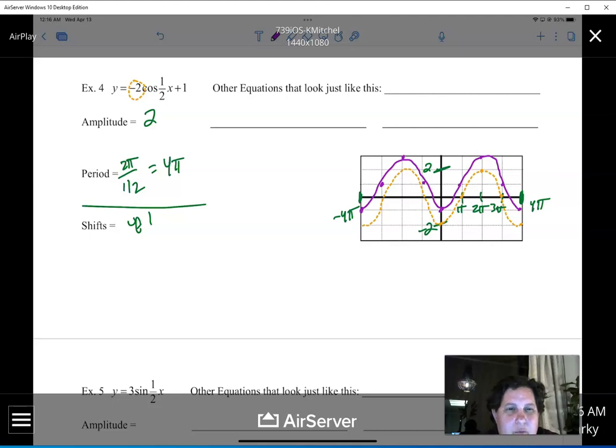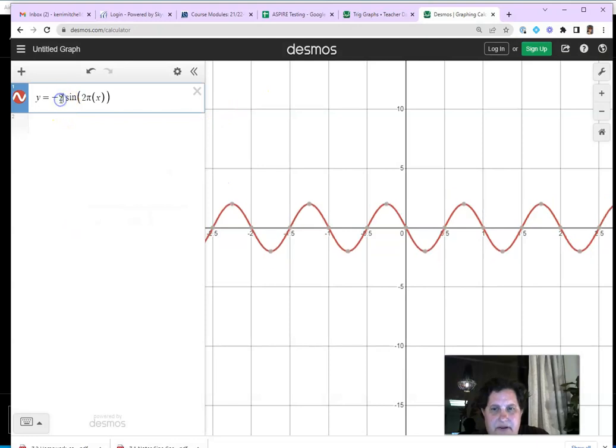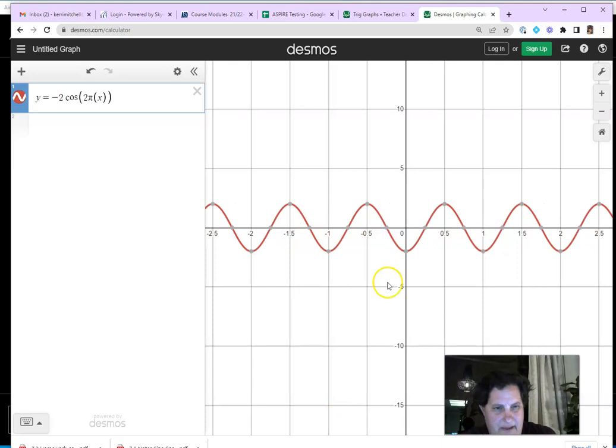Now, what are some other equations that I could make that would do the same thing? Okay, so I want to take a second. Let's go back to decimals really quickly. So we're doing -2 cosine, 1/2 x.